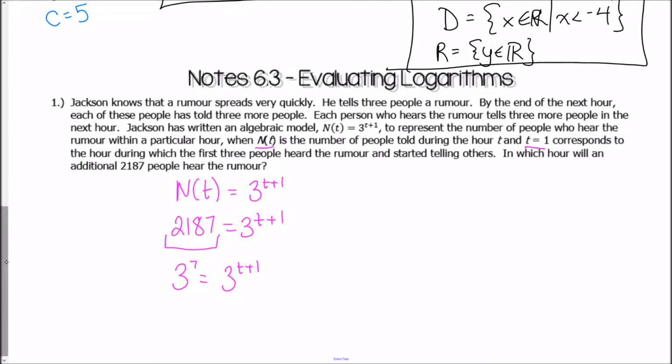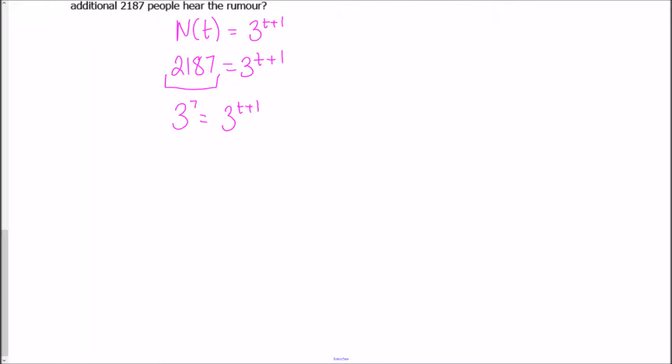Eventually, we're going to use logarithms to solve this, but for right now, if you notice right here, we have the same base, and we've got our exponents right here, so we can set our exponents equal to each other. So we can simply say 7 is equal to t plus 1. So here, when I isolate t, I can say t equals 6.